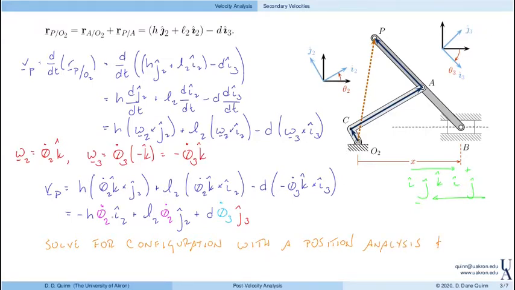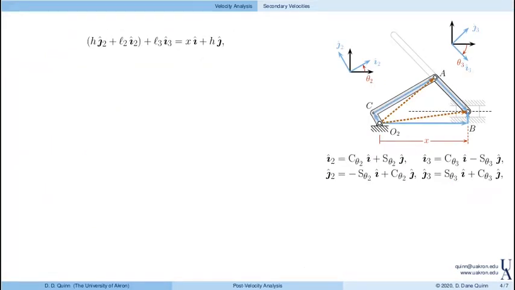And then we'll solve for the velocity variables, in this case theta 2 dot and theta 3 dot, with a velocity analysis. Once we do these, we'll have enough information to go back and determine the velocity of p. So position analysis is first.